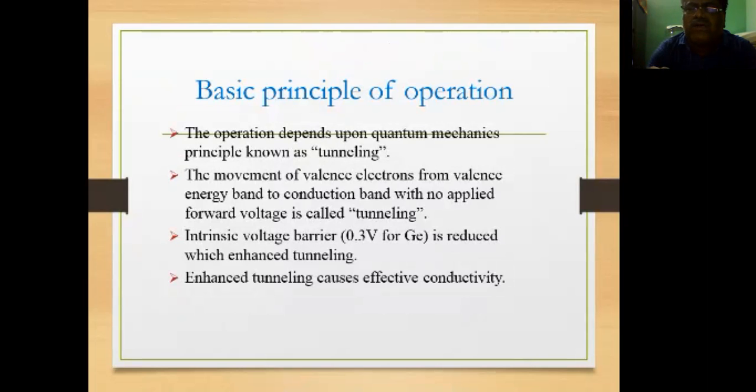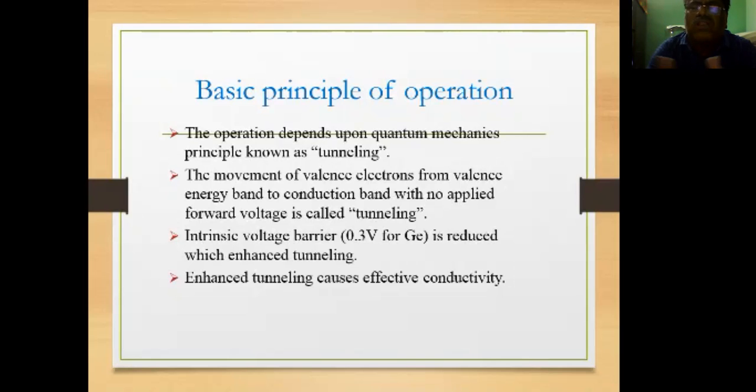Very important. So what is the principle of the tunnel diode? The operation depends on quantum mechanics. The movement of valence electrons from the valence energy band to the conduction band with no applied forward voltage is called tunneling. So without applying any voltage, the electrons move from the valence band to the conduction band.